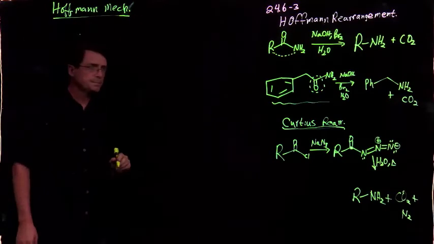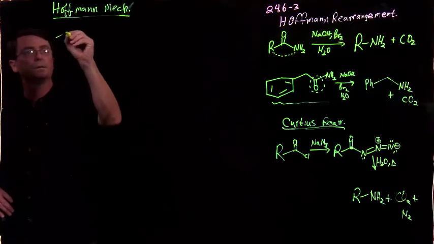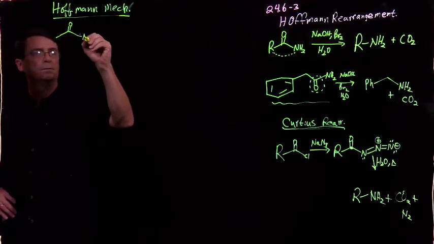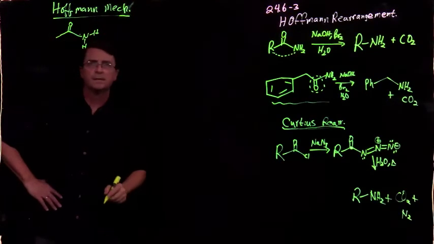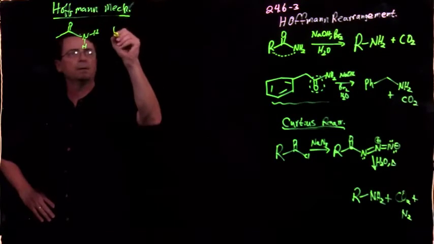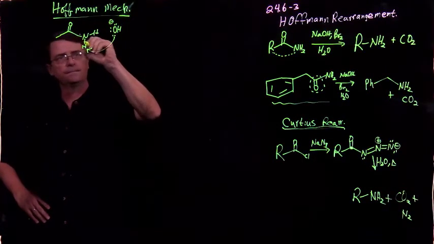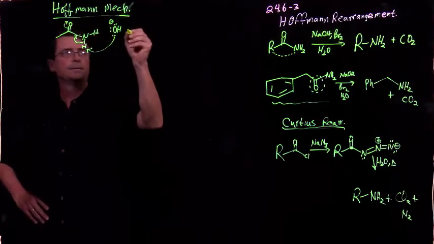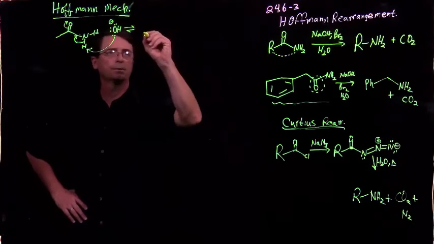Now, again, just simplistically, we're going to use the minimum number of atoms that we need so that we can avoid drawing lots of extraneous stuff. This is treated and reacts first with hydroxide. So we deprotonate. A reversible reaction.